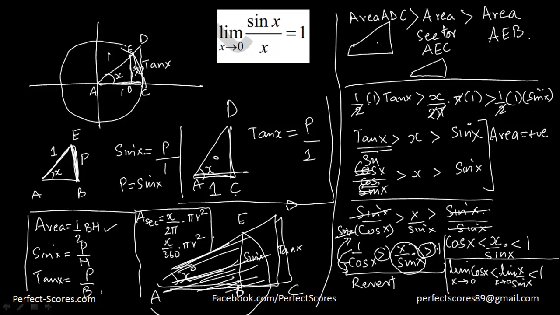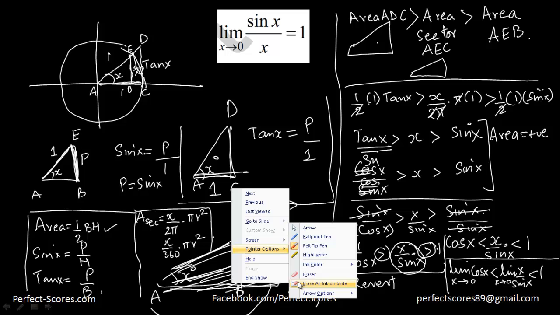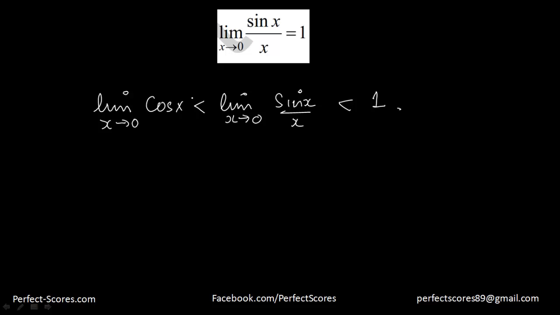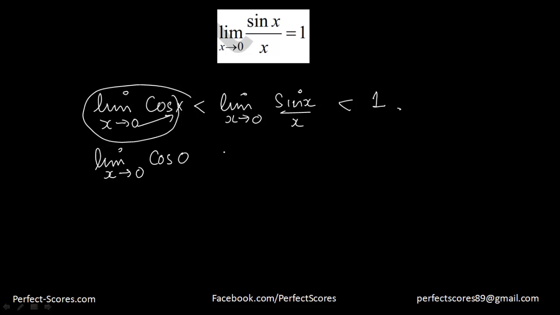So if I clear some space out, this is what we get completely: the limit as x tends to 0 of cos x is less than the limit as x tends to 0 of sine x over x, which is less than 1. Now if I plug in the value of x, that is going to be the limit of cos of 0, which is less than the limit as x tends to 0 of sine x over x, which is less than 1.